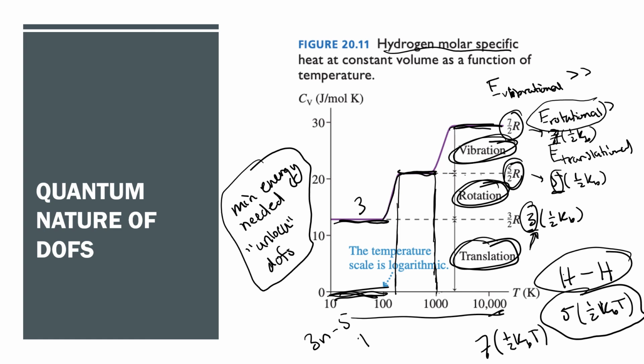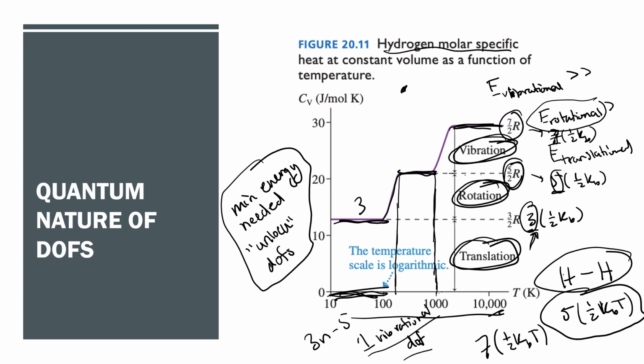So that should give me 1 vibrational DOF, right? But you can see instead of being 6 over 2 R, we have 7 over 2 R, which is weird, right? So why is 1 vibrational degree of freedom giving an increase of 2 times 1/2 kBT, instead of just 1/2 kBT?